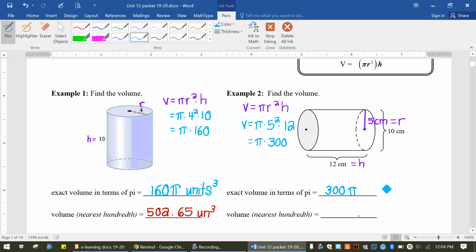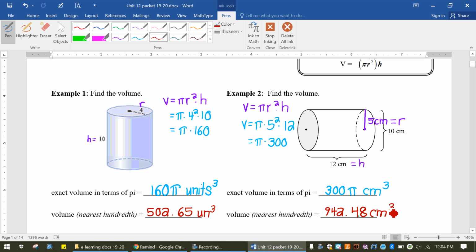So our exact volume, without having to do any rounding, is 300 pi. We have a unit of measure, centimeters cubed. And then just like we did on number 1, you're going to take the 300 pi and type that into your calculator, or you can just do pi times 5 squared times 12, all into your calculator at one time, and what you should get is 942.48 centimeters cubed.